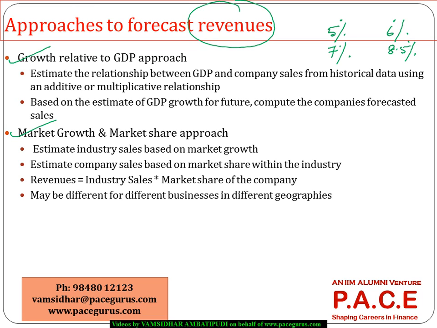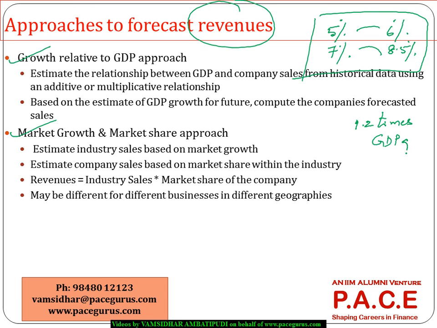Let's say some such kind of historical data existed. Then probably what I can say is, yes, overall it is looking like my company will grow either 1% more than the GDP or probably 1.2 times the current GDP growth rate.